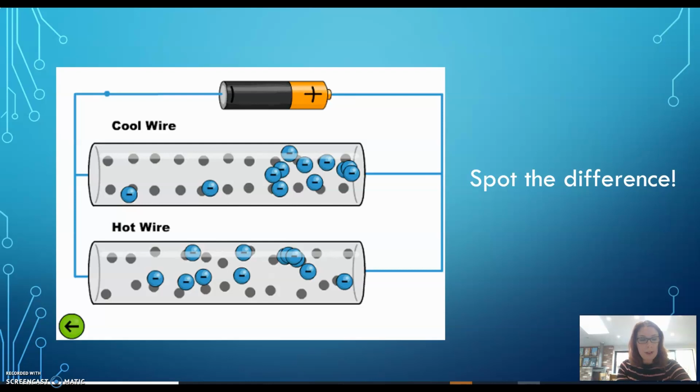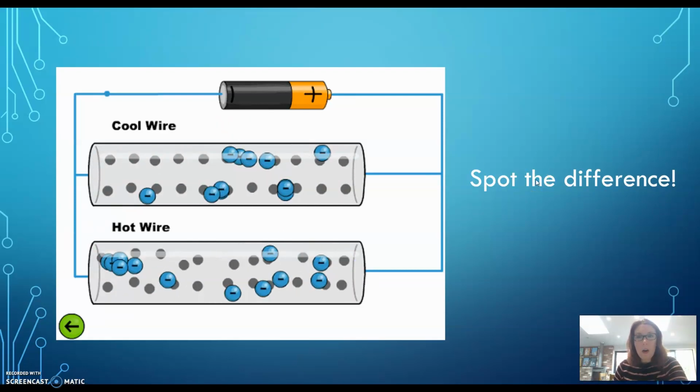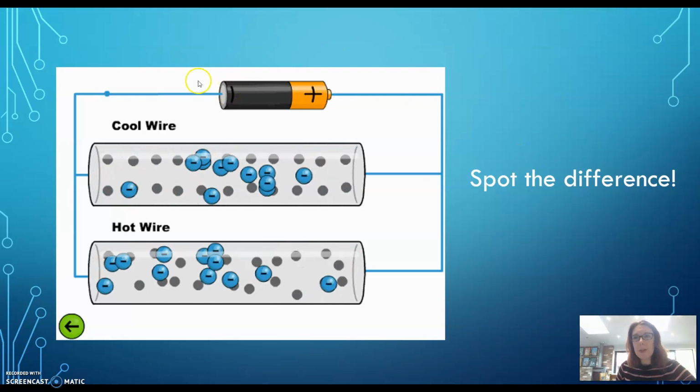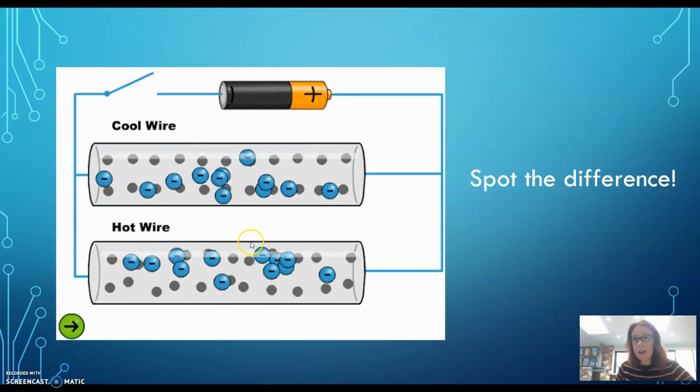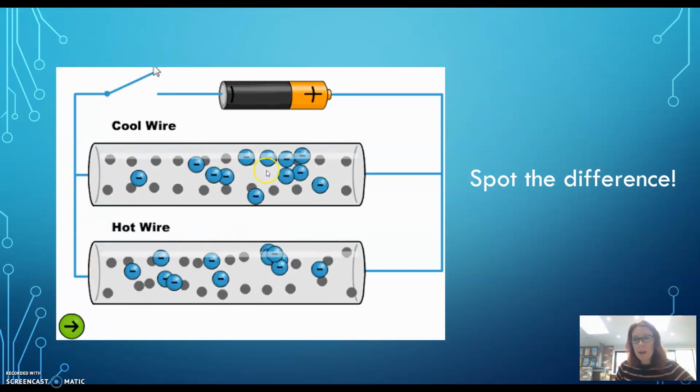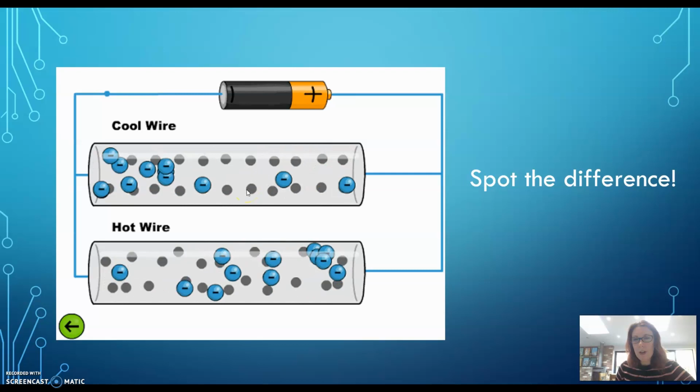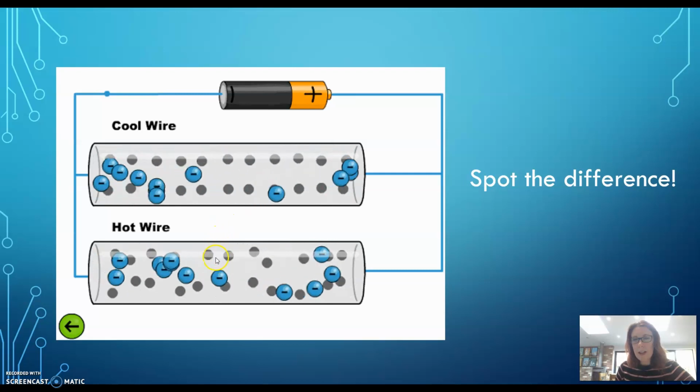So the first slide is here, and it asks you to spot the difference. When the switch is closed here, obviously a current flows through the wires. Within the wires you can see the delocalized electrons and the fixed ions.